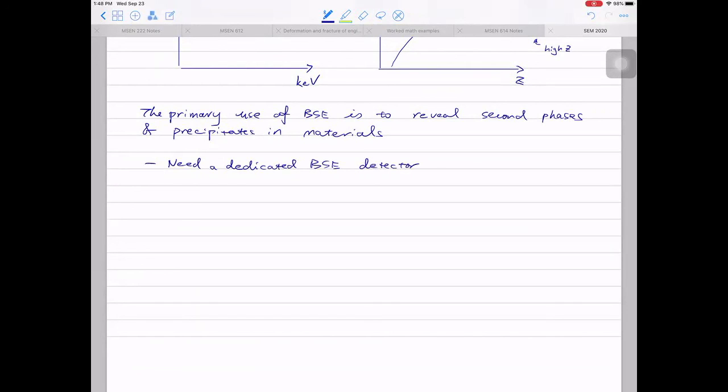If we draw the schematic of SEM again, okay, if the secondary electron detector is here, so this is the SE detector.